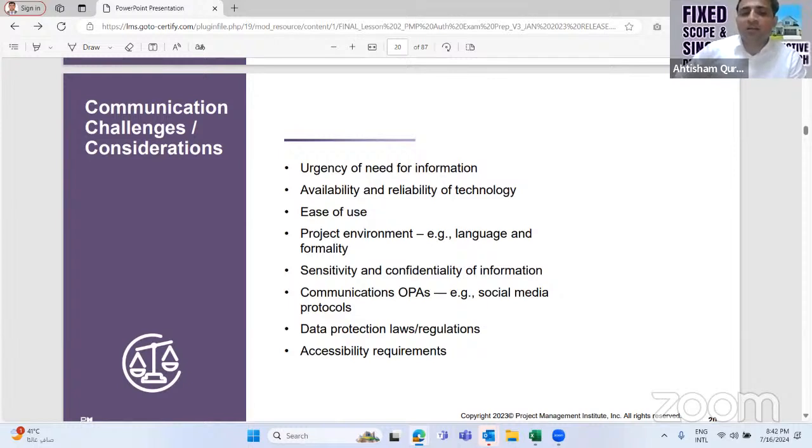And other times we also need to consider what is being communicated, and whether it is allowed, because there are certain laws and regulations as well when we communicate data.